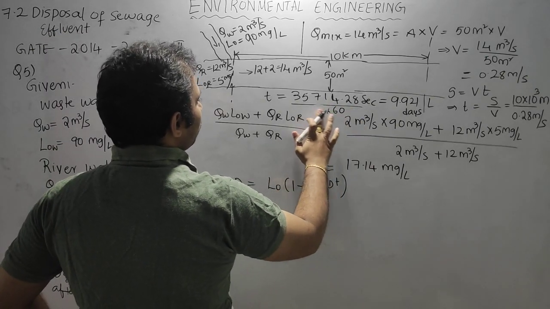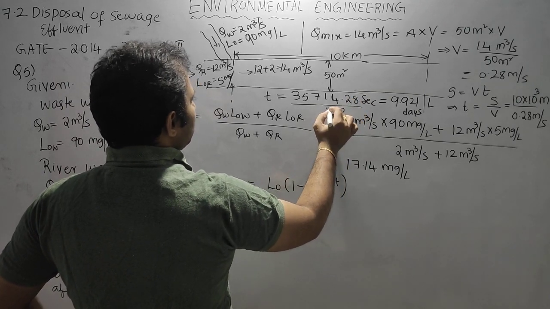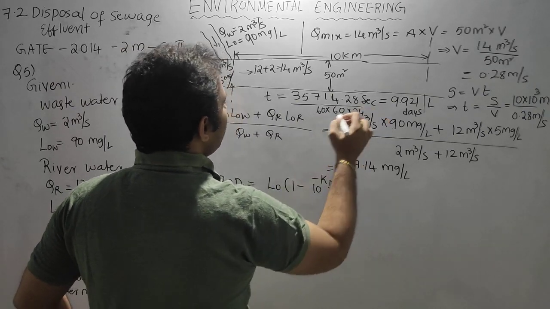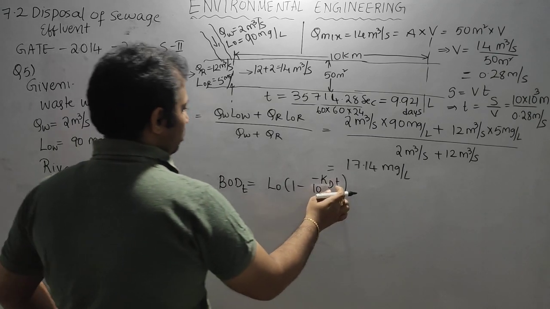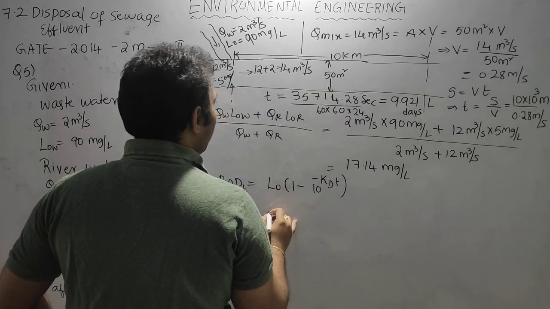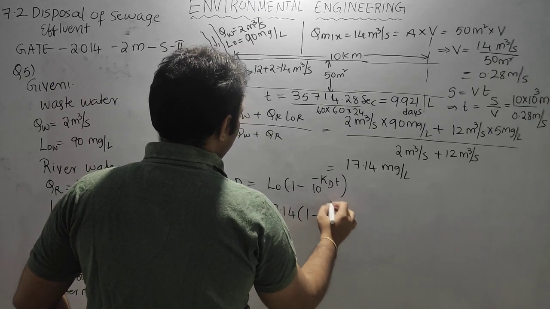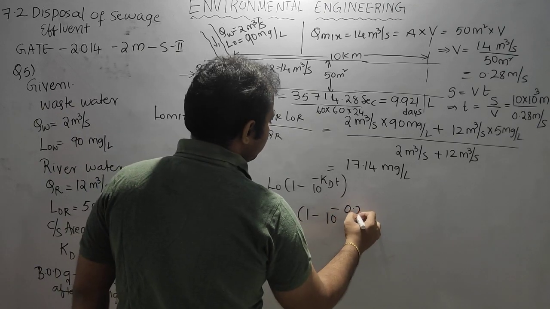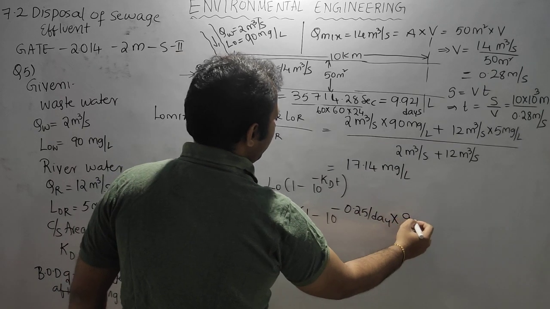Dividing seconds by 60 gives minutes, minutes by 60 gives hours, then divide by 24, and we get 9.921 days. So now we got T also. So BOD at the 10th kilometer will be L0, which is 17.14, into 1 minus 10 to the power of minus KD, which is 0.25 per day, into 9.921 days.